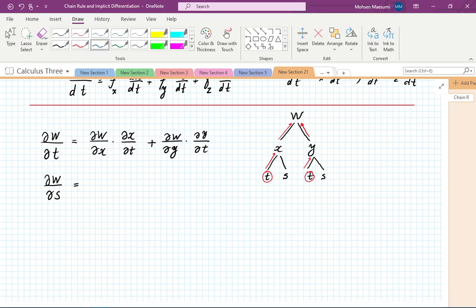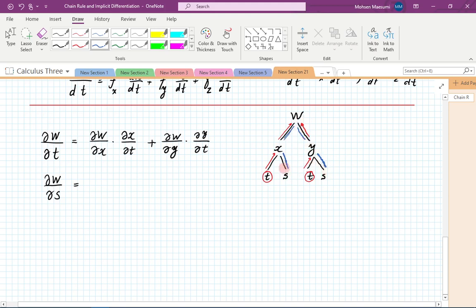Let's color it differently, so I change s and x changes, and also y changes. Now in this next level, it is the same as what we had before. You want to draw it red or blue, it doesn't make any difference, but just to indicate we have a continuous path here. From s to w, we have two paths.